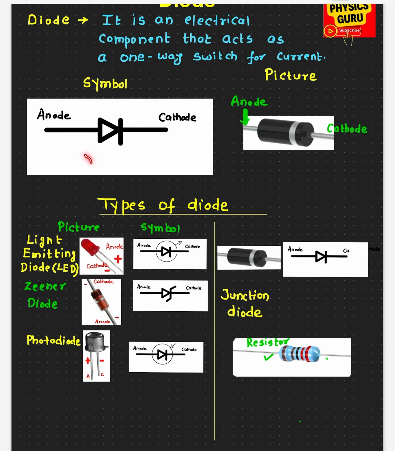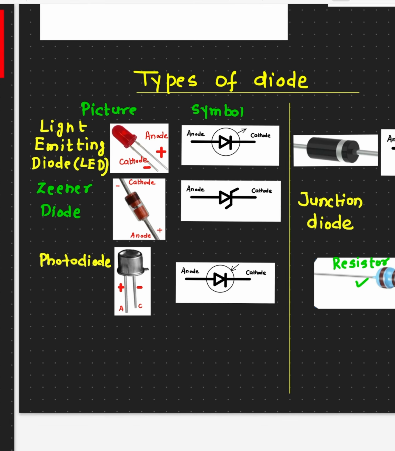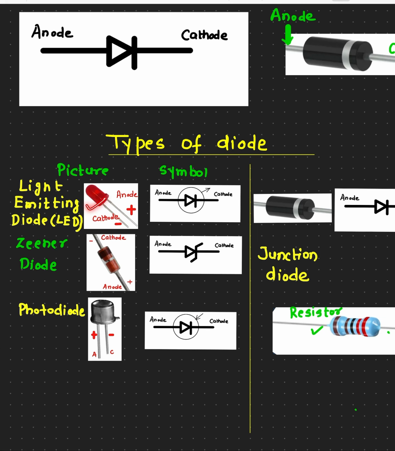So this is the symbol for the diode, and that's an actual picture of the diode. So when you have the actual picture, this stripe, the white stripe, tells you this is the cathode, and the other one is the anode. And there are various types of diode. So here I will list a few of the diodes. For example, we have the light emitting diode. So this is the actual picture of the diode, and the symbol for the diode is this one here.